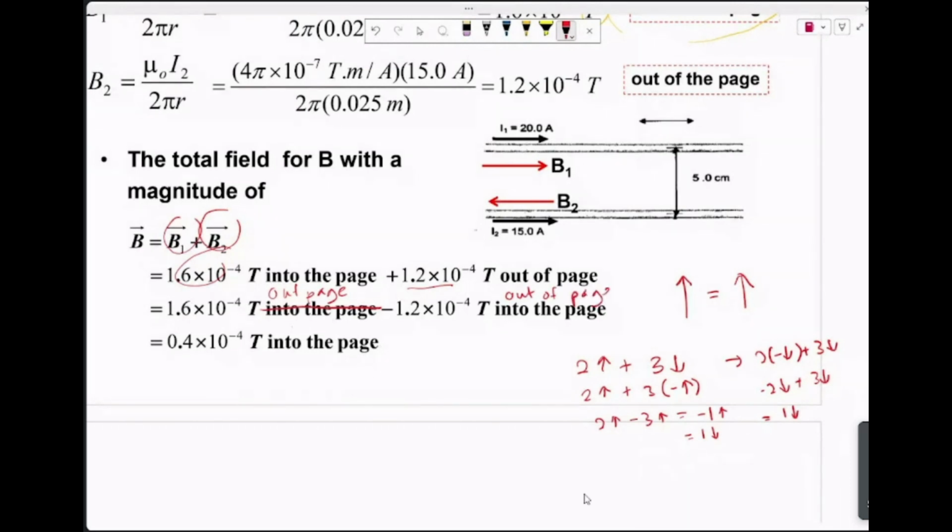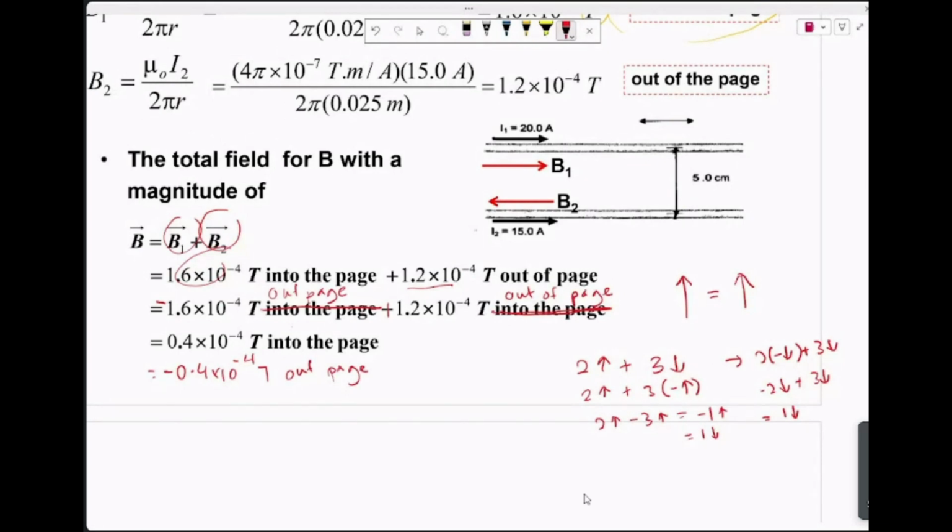Just now it was positive, so this one should be positive. Just now it was into the page, I make it out of the page, then it becomes negative. So you add these together: one is negative, one is 4. So you will get a negative 0.4 times 10 power negative 4 T out of the page.